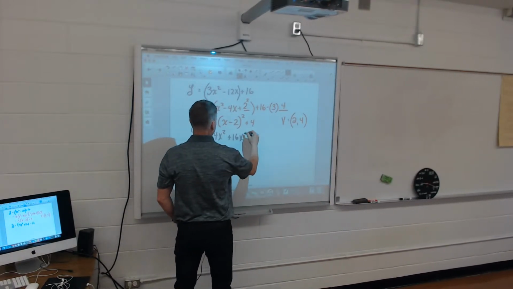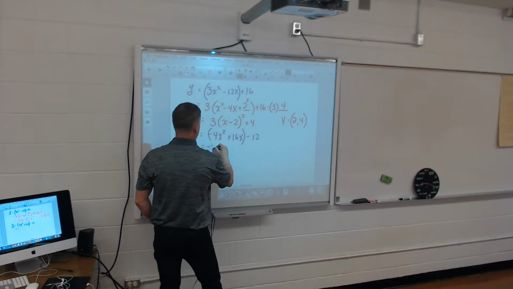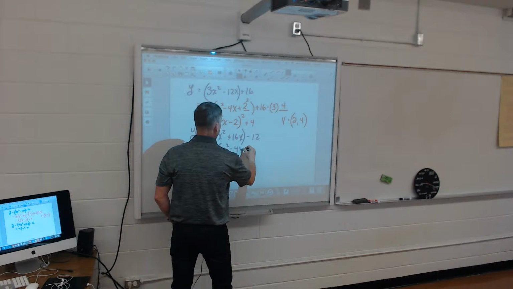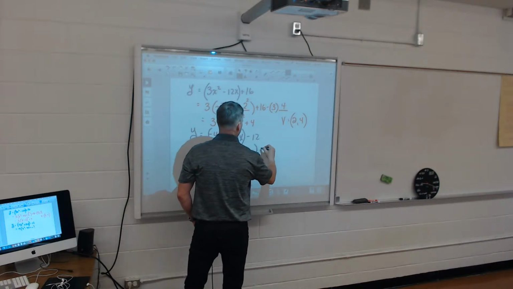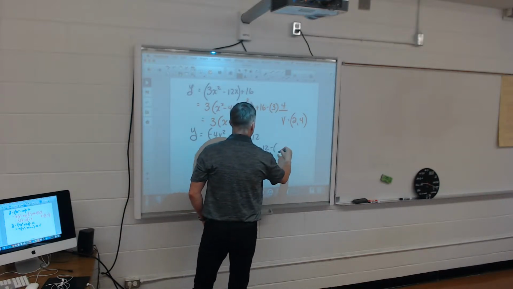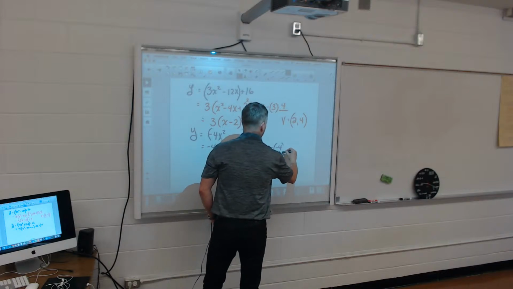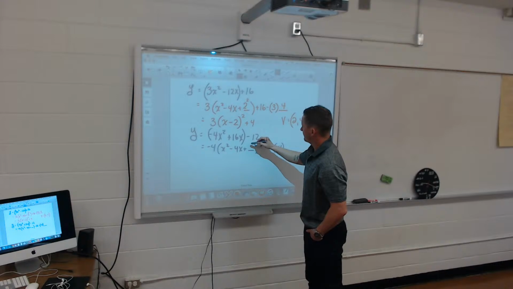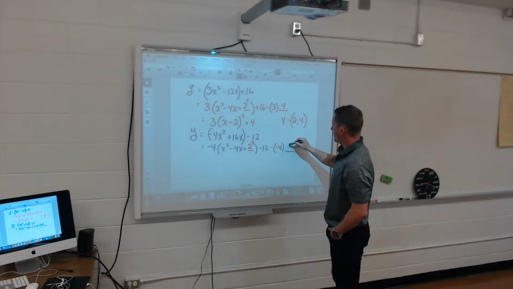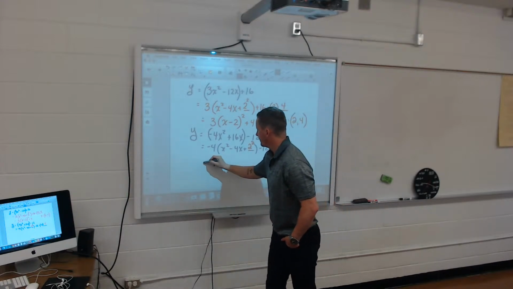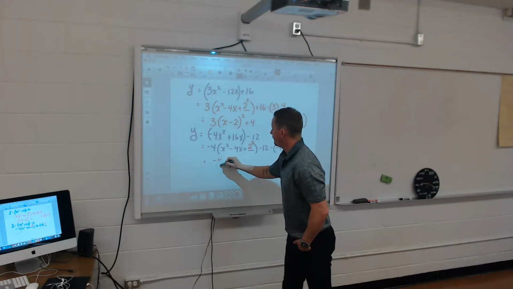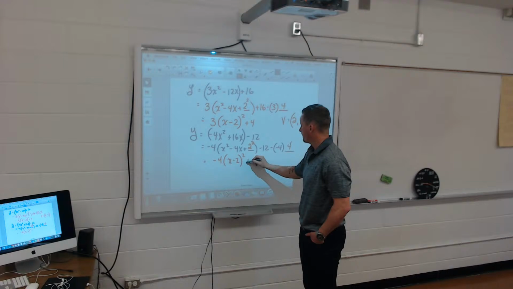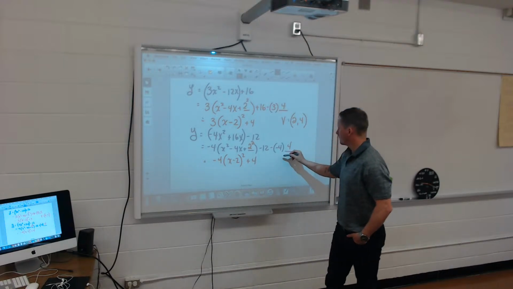Factor out the negative 4: negative 4 times (x squared minus 4x plus a blank), subtract 12 minus negative 4 times the blank. 2 squared is 4 here, equals negative 4 times (x minus 2) squared, add 4.